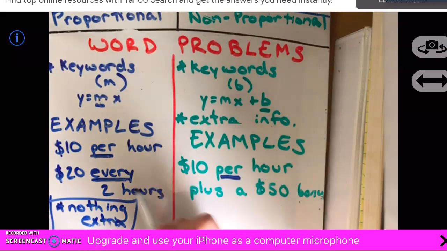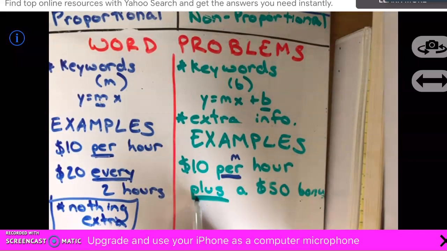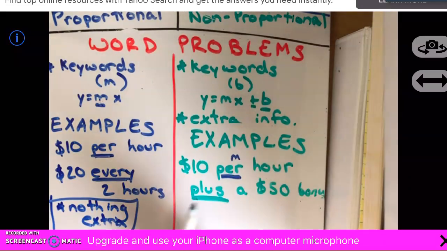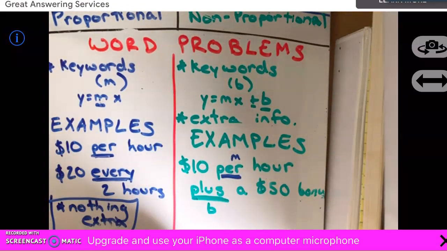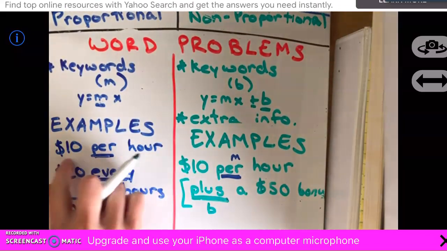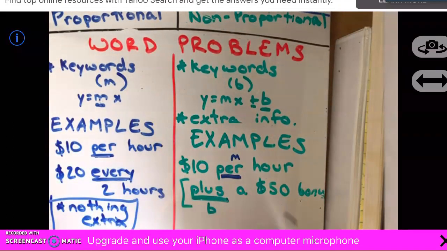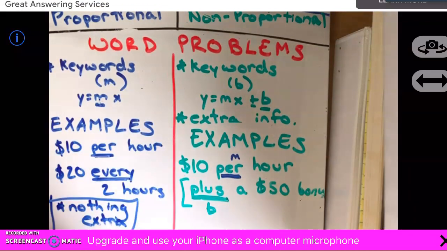Per, I know that goes with my m. This plus right here, plus a $50 bonus, that is my b, okay? See, it has this extra chunk to it that the other one didn't have. The plus the $50 bonus is talking about my y-intercept.